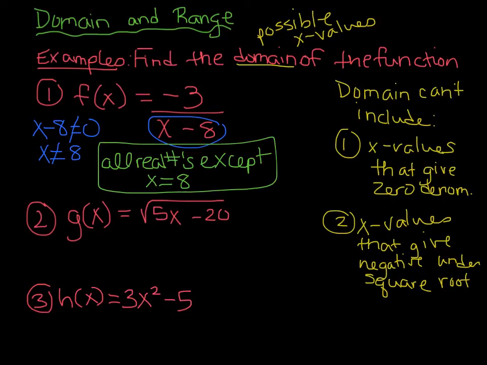So then, for number 2, we see our second red flag, which is a square root. So we want the stuff that's under the square root to be greater than 0, or greater than or equal to 0. We want this stuff, the 5x minus 20, to be non-negative.